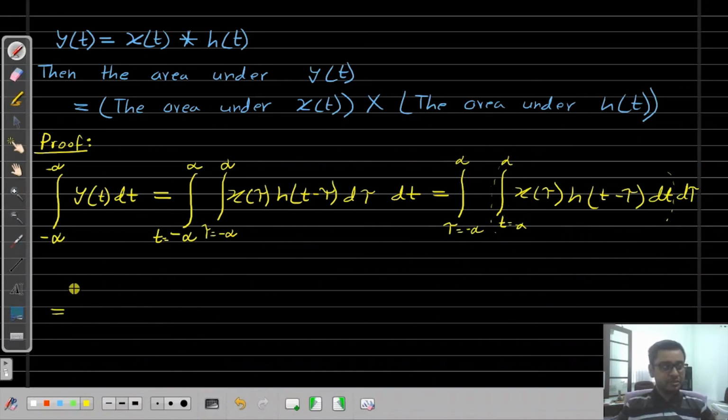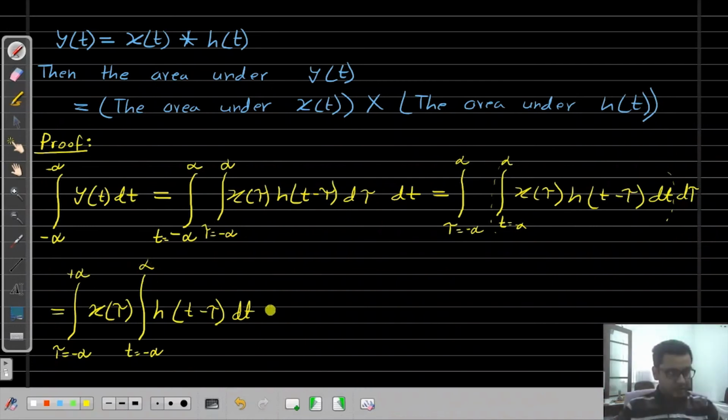Then it becomes x(tau), then t equal to minus infinity to infinity, h of t minus tau dt, and d tau. Now you can readily see that this part is the area under h.